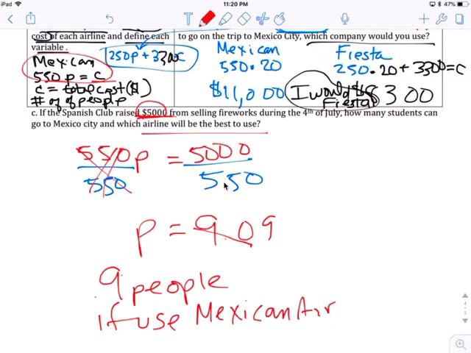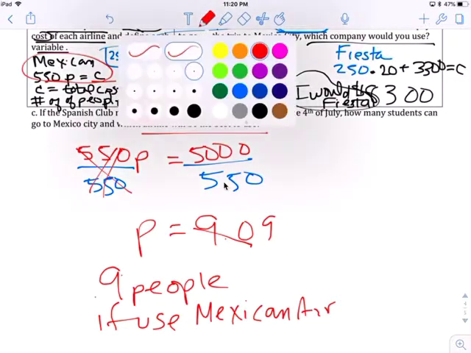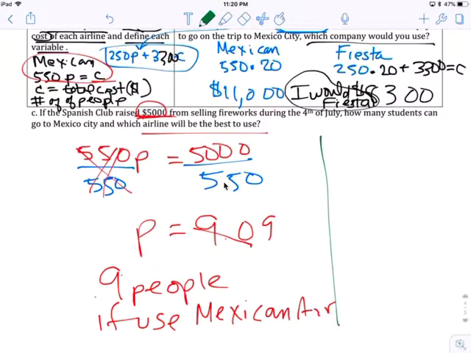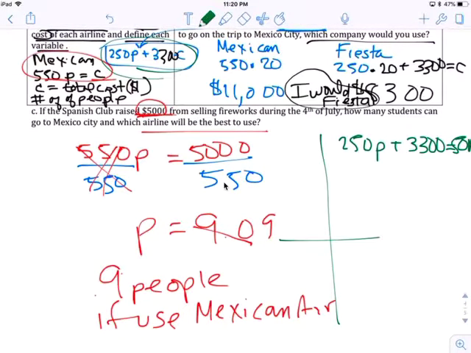How about the other company? Okay, let's use green here. The other company is this: 250 p plus 3,300 equals the cost of 5,000, right? So it's minus 3,300. 5,000 minus 3,300.